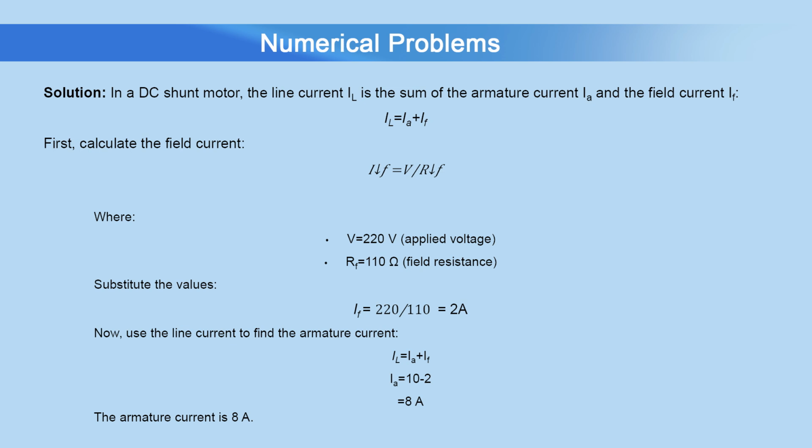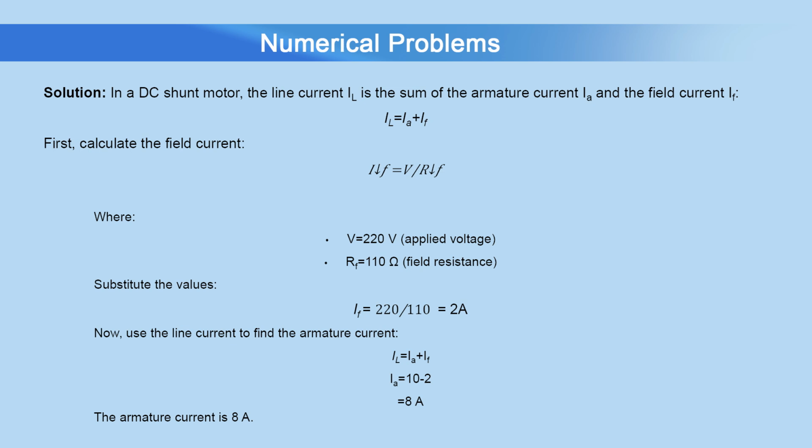The field current can be obtained using the formula IF is equal to V upon RF, where V is the applied voltage and RF is the field resistance. Substituting those values, you will get IF equal to 2 ampere.